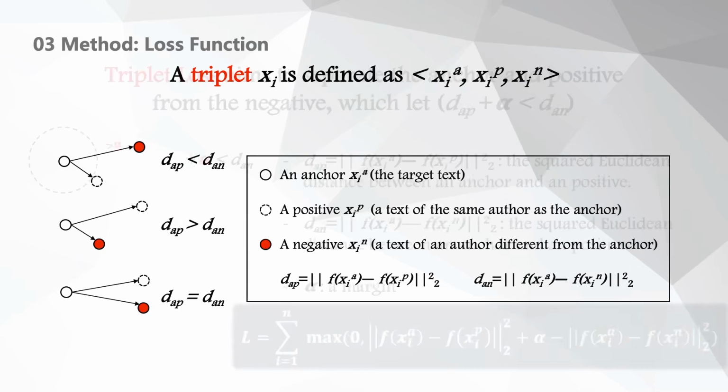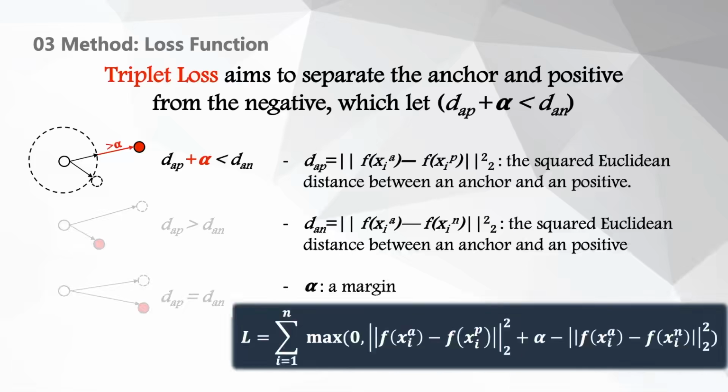To separate anchor and positive from the negative, we define a triplet loss function, as shown on the left. This loss function aims to let dn, the squared Euclidean distance between the anchor and the negative, be greater than dp, the squared Euclidean distance between the anchor and the positive.